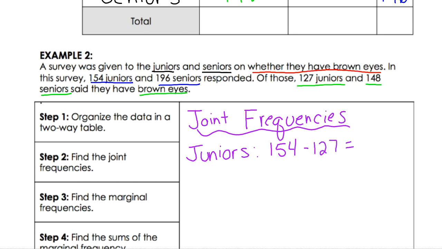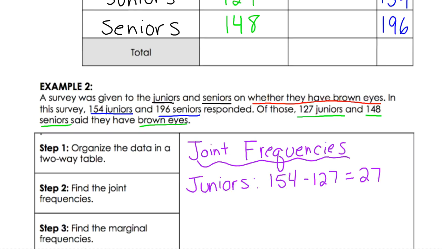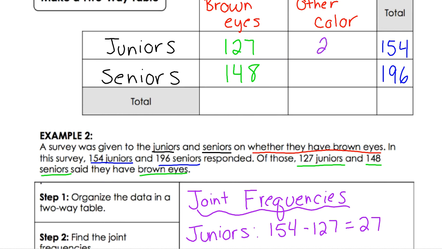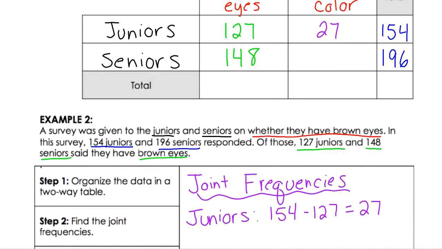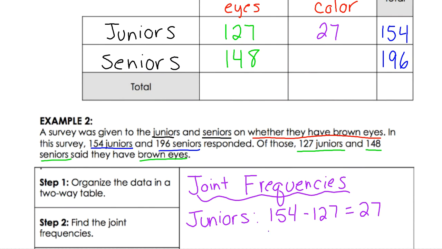If I subtract those, so 154 minus 127, I get a total of 27. That's how many were left that didn't have brown eyes. They have another color. So I'm going to do the same thing for my seniors. So if I look at my seniors, I have 196 total.